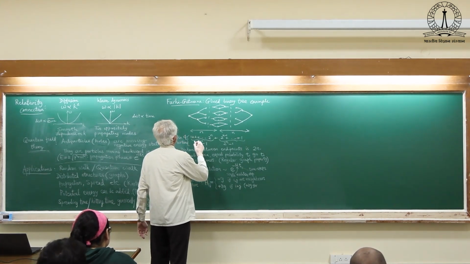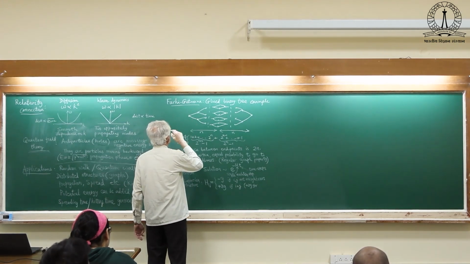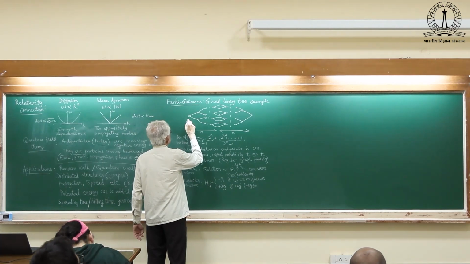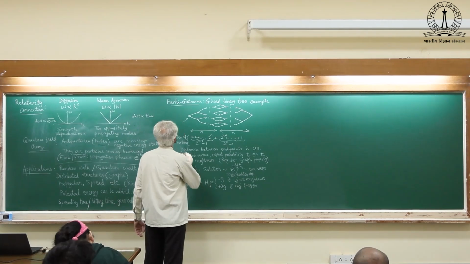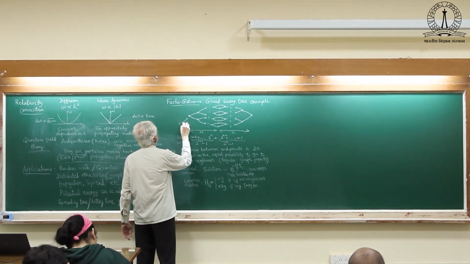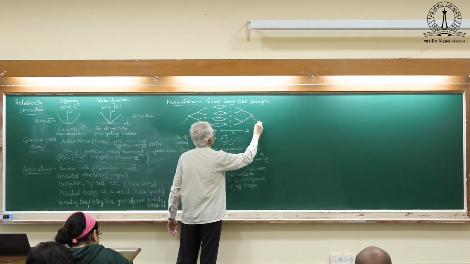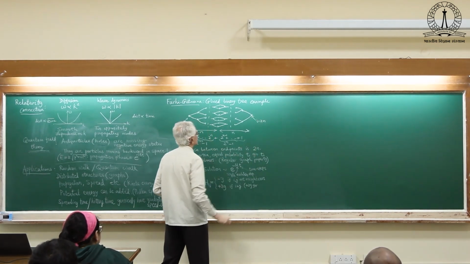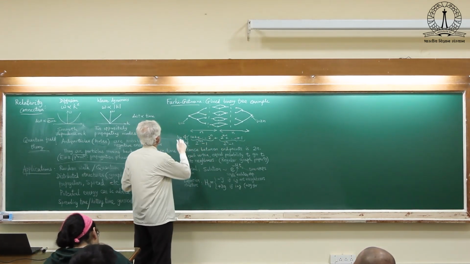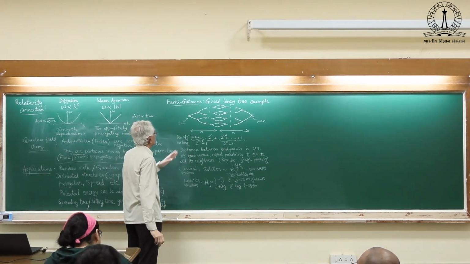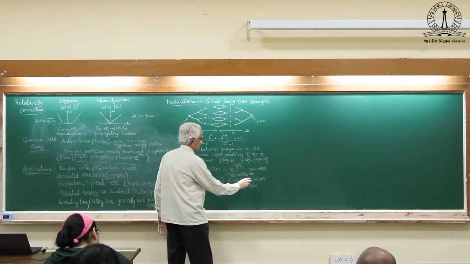So let me call this 0. There are two of them, and I will be the time slice, not some time slice, the graph slice of this particular problem.